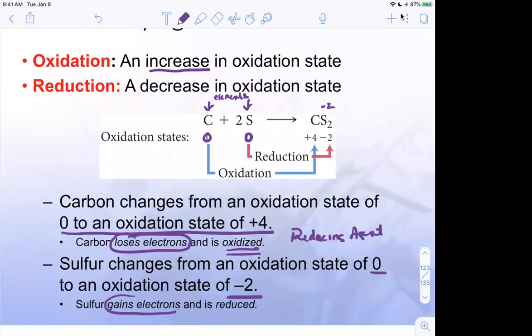Sulfur is going to gain electrons. 0 to -2 becomes less positive. It's a decrease in oxidation state. And sulfur is reduced. That sulfur is now the oxidizing agent.